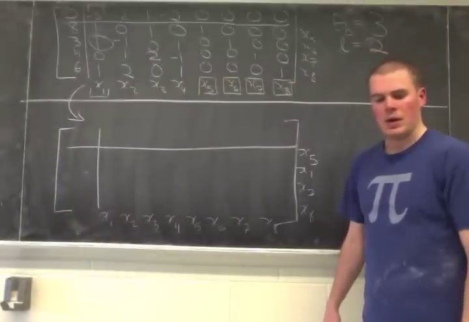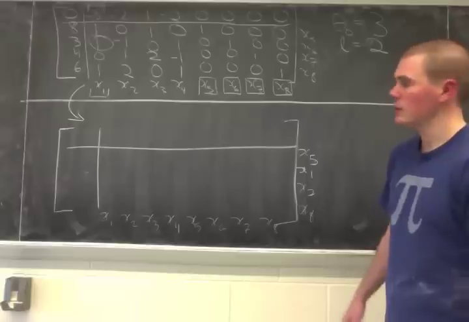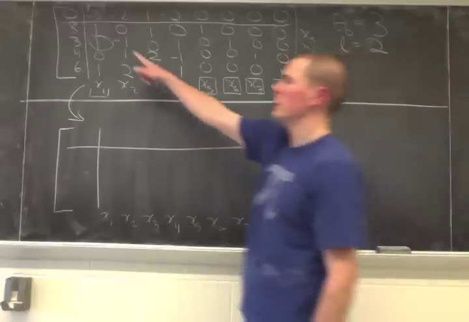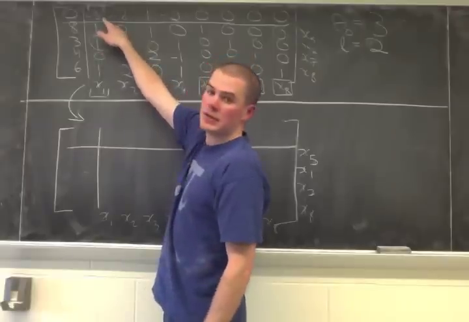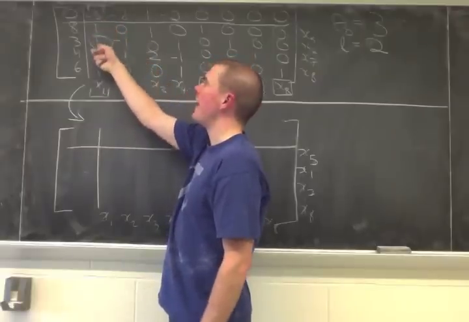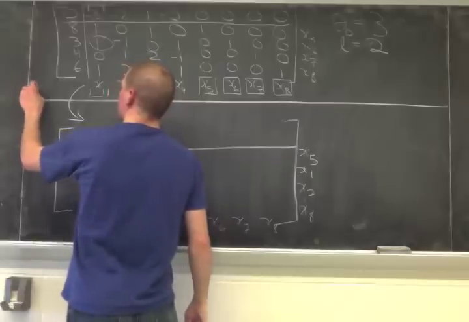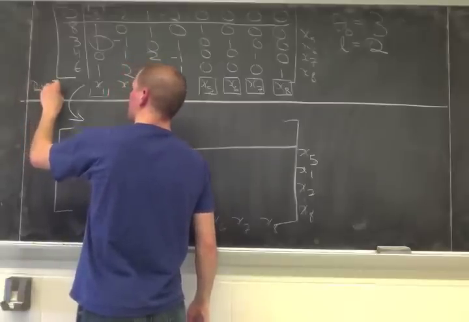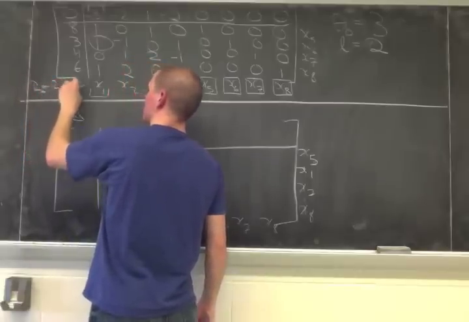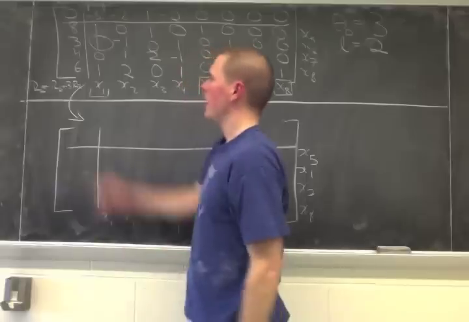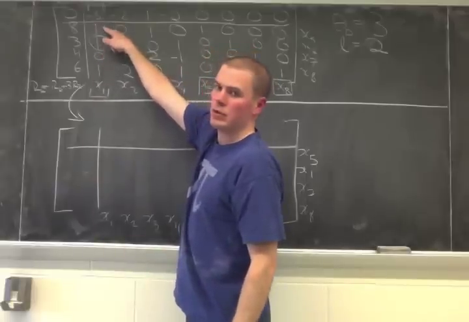Okay, now let's perform these row operations. Let's first off see that I need to clear out this negative 3. So I need to add 3 of row 2 to row 0. I also need to subtract row 2 from row 1.